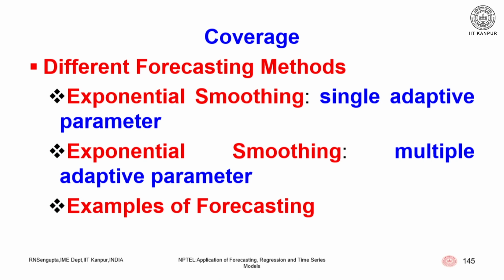Then, if time permits, let me see, I will go into other examples of forecasting models. But if solving the single adaptive parameter problem takes time, because I want to go slow, step by step, we will consider the multiple adaptive problem and other forecasting problems in the 15th or the 16th lecture as we proceed.